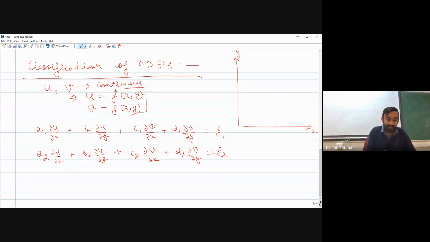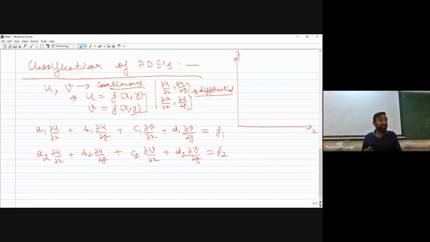So over our entire flow field in the xy plane, the functions u and v are continuous, and at each and every point in our flow field, del u by del x, del u by del y, del v by del x, and del v by del y are differentiable. Obviously, if our functions u and v are continuous in the entire xy plane, then they will always be differentiable. And these are our governing equations.